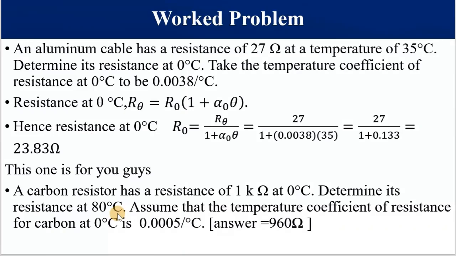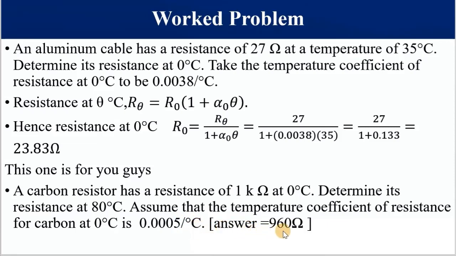This one is for you. If you don't get 960 ohms, then there's something wrong with your calculation. You are given a carbon resistor with a resistance of 1 kilo ohm at 0 degrees Celsius. You want to find its new resistance at 80 degrees Celsius, and the assumption is that the temperature coefficient of resistance at 0 degrees Celsius is equal to 0.005 per degree Celsius.